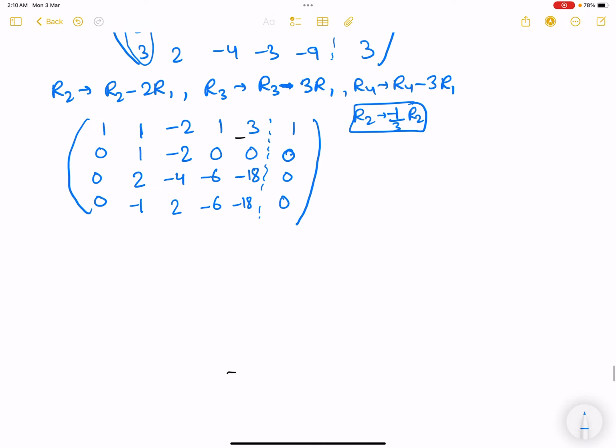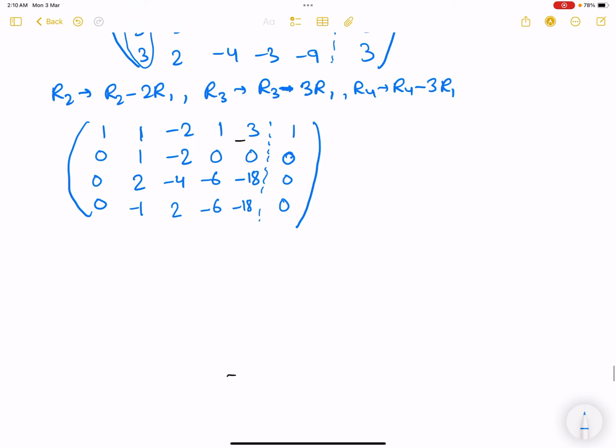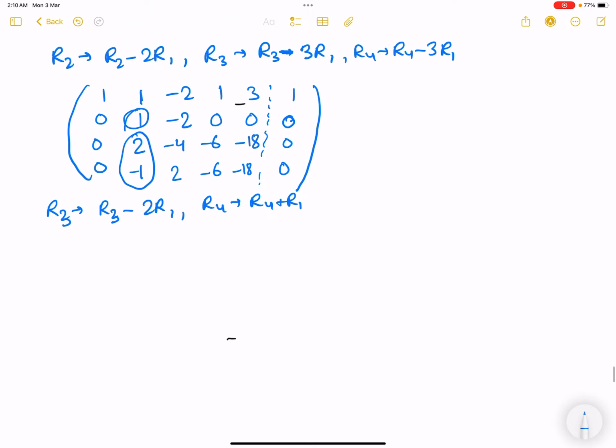Now we'll use the operation, okay, we have enough space. R3 will make them 0 with the reference of this. R3 goes to R3 minus 2R1 and R4 goes to R4 plus R1. So we have 1 0 0 0 1.